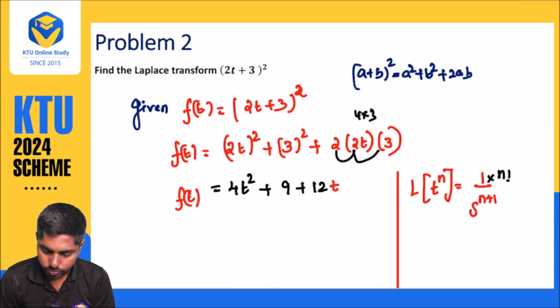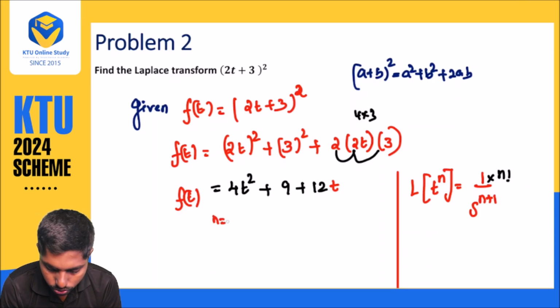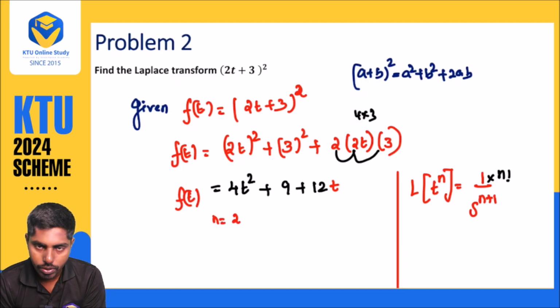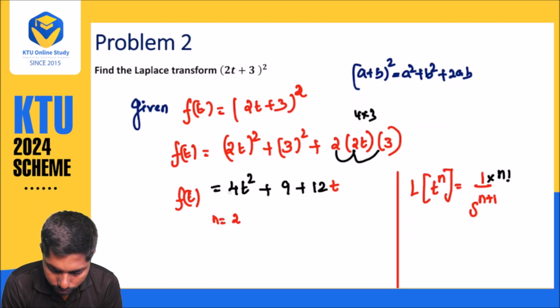Okay. Now, what is n here? n equal to 2. So according to the formula of L of t power n, we will be writing f of t. Now we want to take the Laplace.